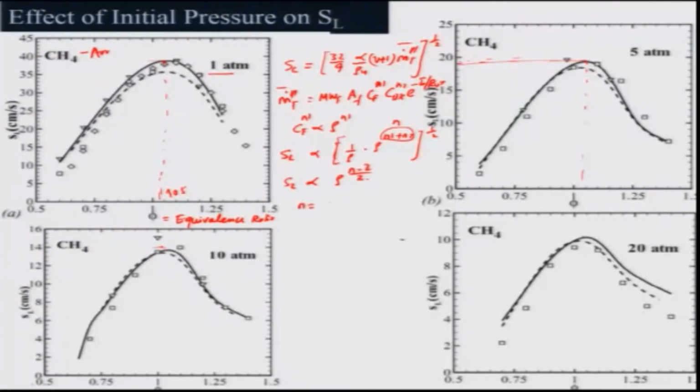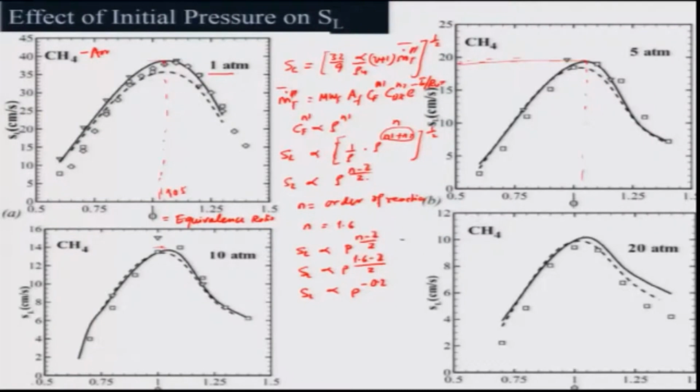N is basically the order of reaction, and if N is around, let us say, 1.6, I can say that SL is proportional to P to the power of N minus 2 divided by 2, because rho is proportional to P. So 1.6 minus 2 divided by 2 gives P to the power of around minus 0.2.